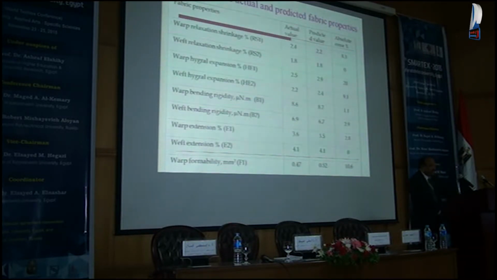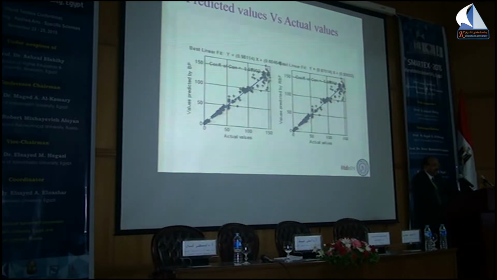So in the prediction, we find out different properties. And in this system, I'll show you the final result where the prediction value is very interesting, where the coefficient of correlation is about 0.9384.